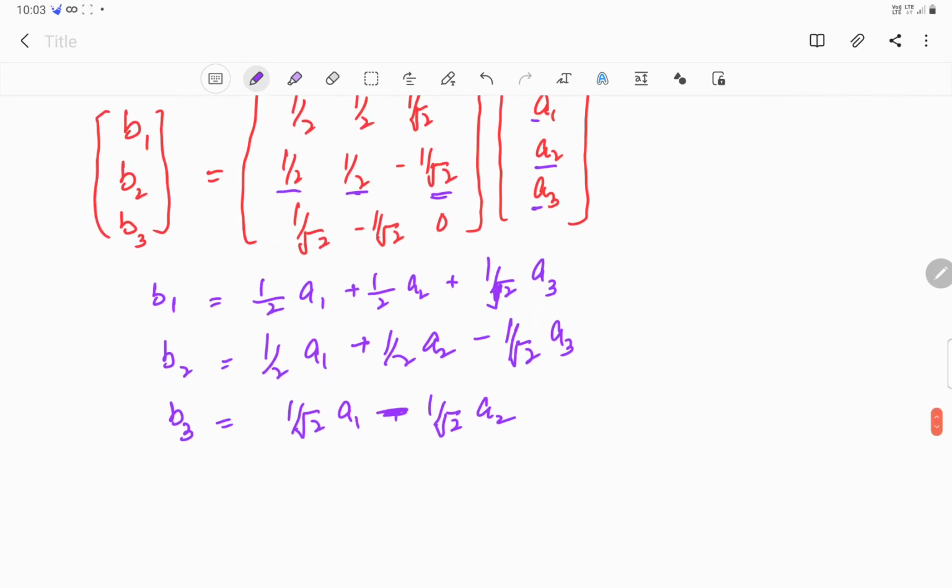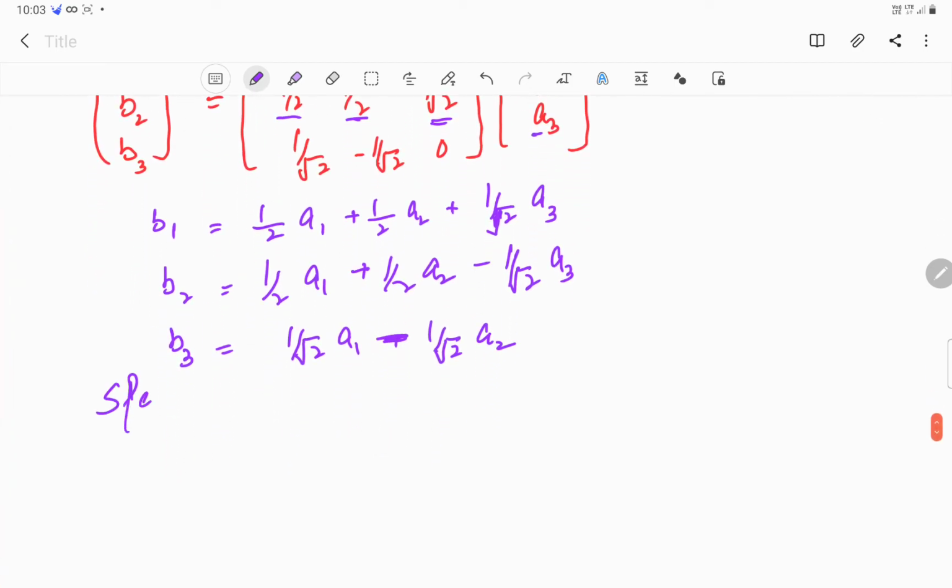Now let's discuss special cases. Case 1 would be A1 equal to A2 equal to 0, A3 not equal to 0.